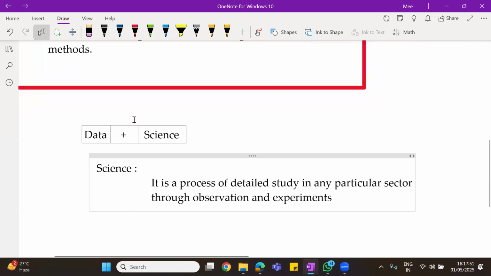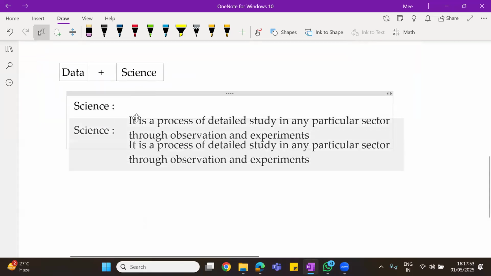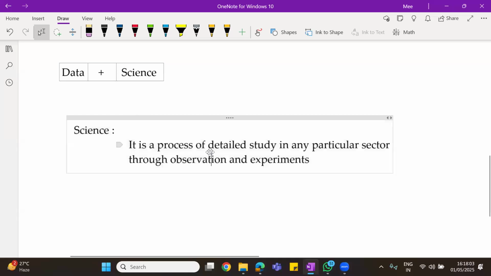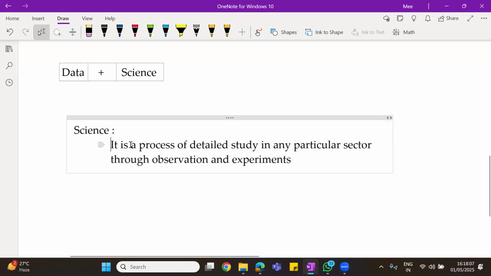So you are doing a study in any particular sector by observing it continuously, or by doing experiments. That is what is called science. This is what science is.